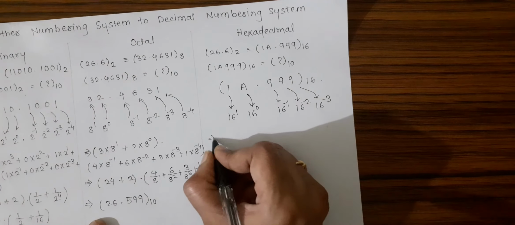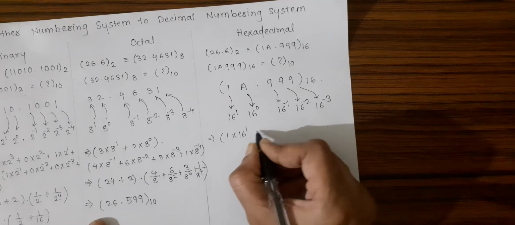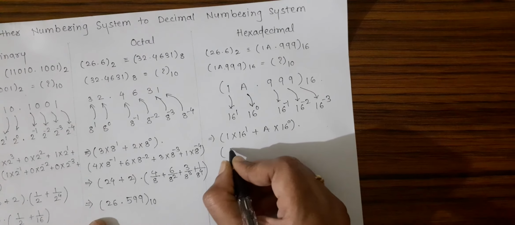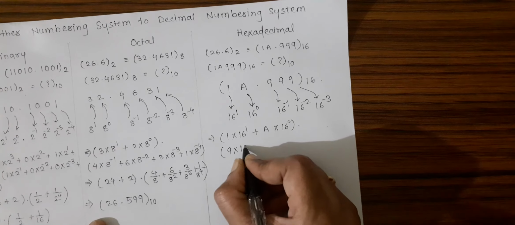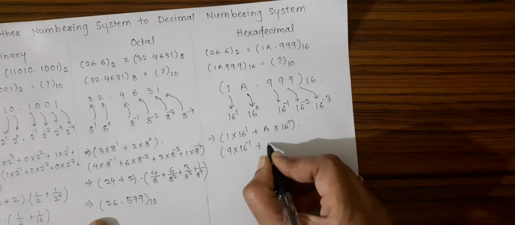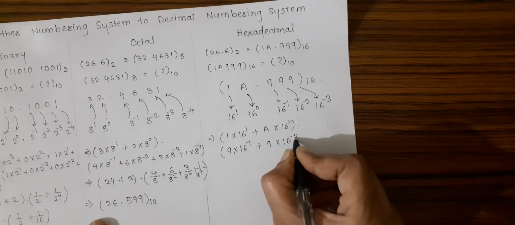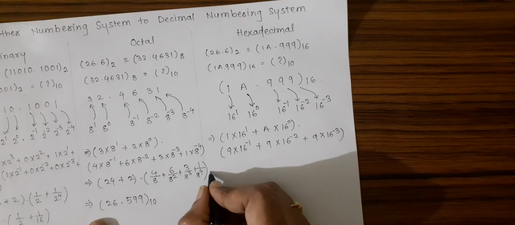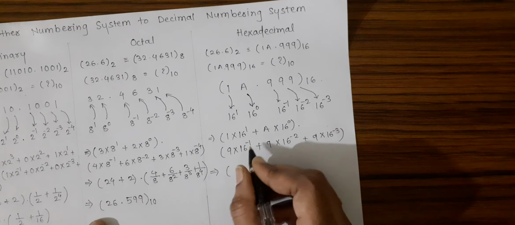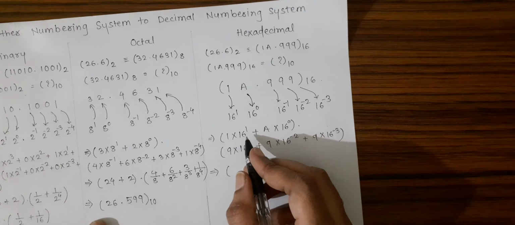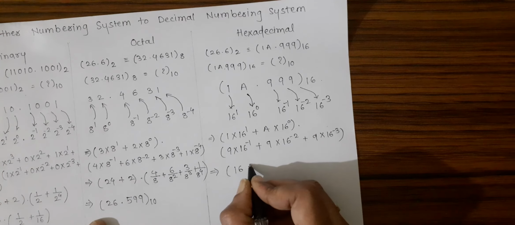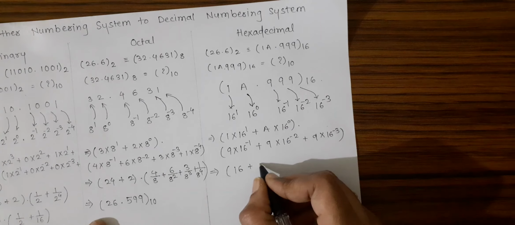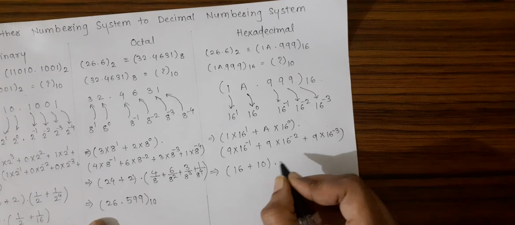So this becomes 1 into 16 raised to 1 plus A into 16 raised to 0 point 9 into 16 raised to minus 1 plus 9 into 16 raised to minus 2 plus 9 into 16 raised to minus 3. So 16 raised to 1 is 16, 16 ones are 16, plus 16 raised to 0 is 1, 1 into 10, 10 ones are 10.